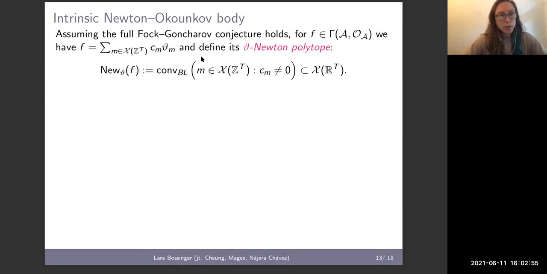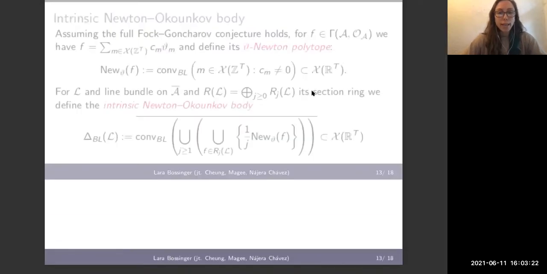The first step is to define the theta function analog of a Newton polytope, or the theta Newton polytope, which is the broken line convex hull of all the tropical points such that the corresponding theta function appears with non-zero coefficient for my regular function. My ambient space, of course, is the real tropicalization of X.